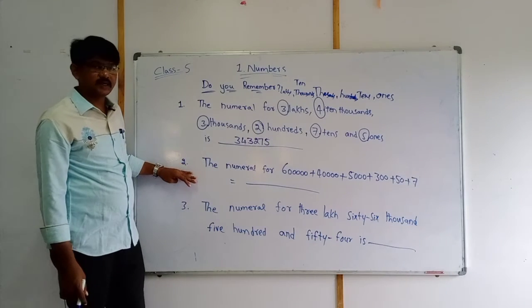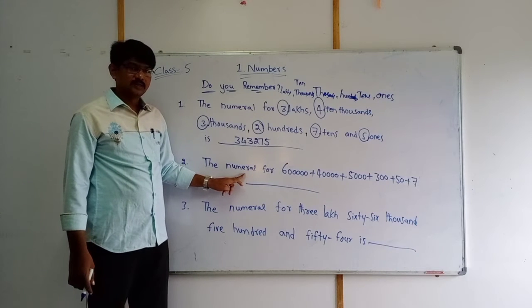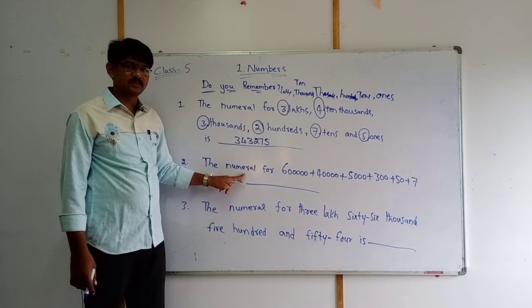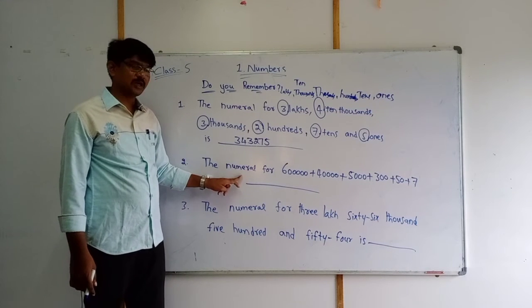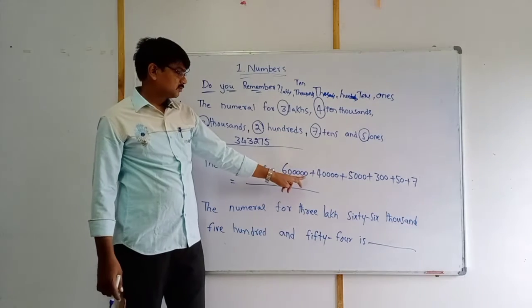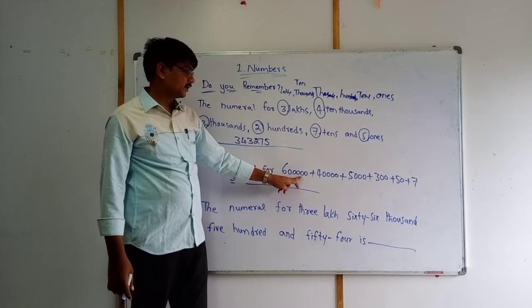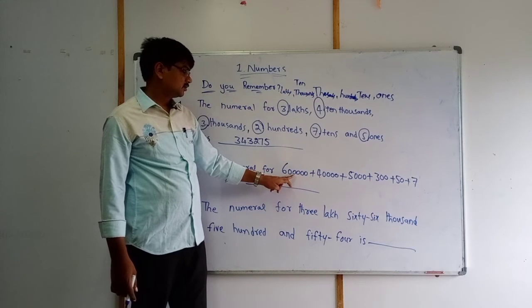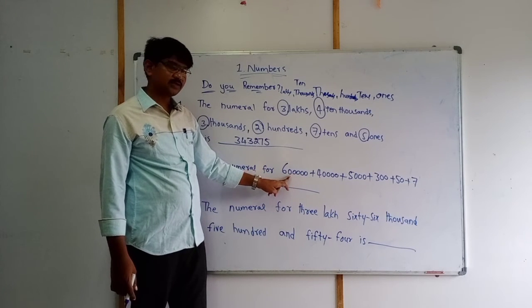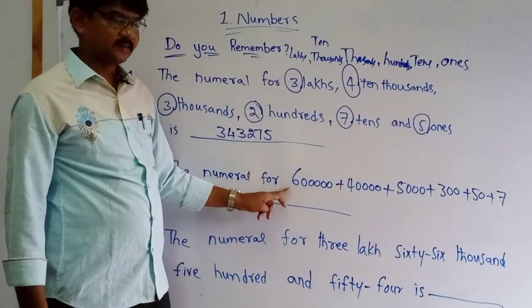Next, the second problem. The numeral. In this question also, the task is writing the numeral. This is called ones, tens, hundreds, thousands, 10,000s, lakhs. So 6 lakhs.